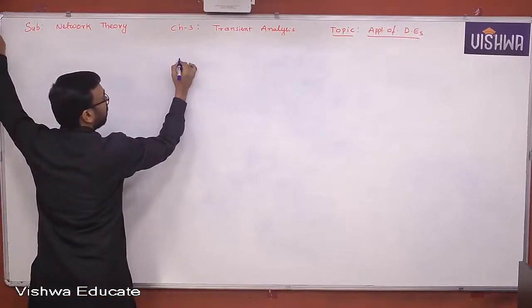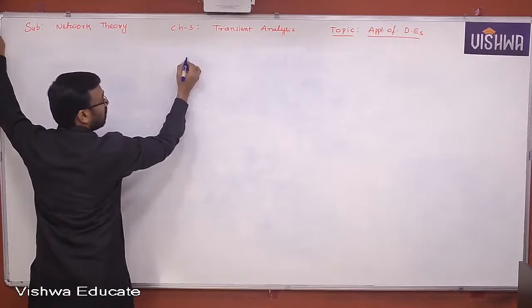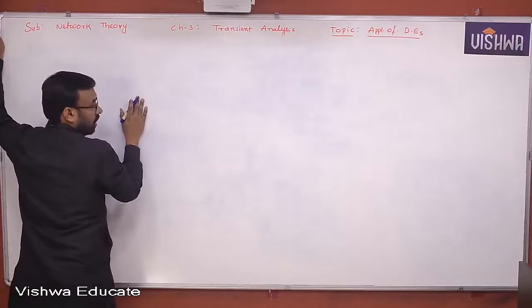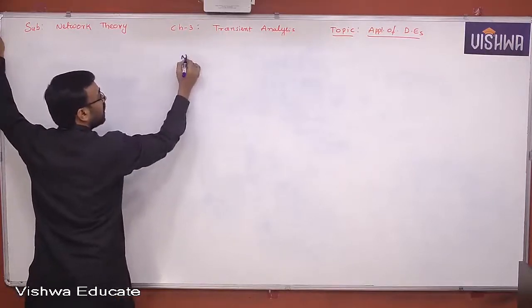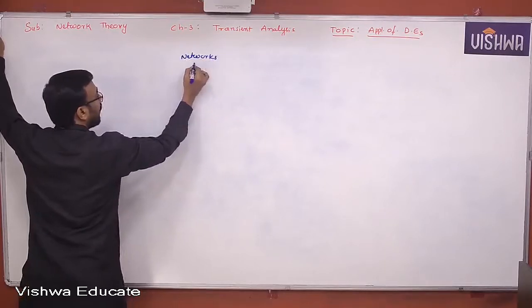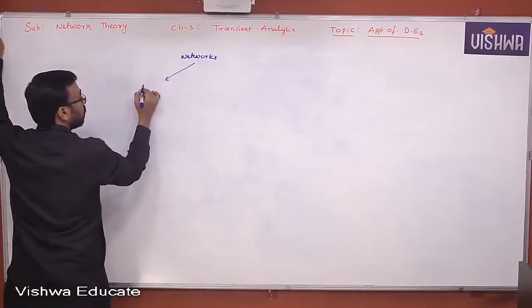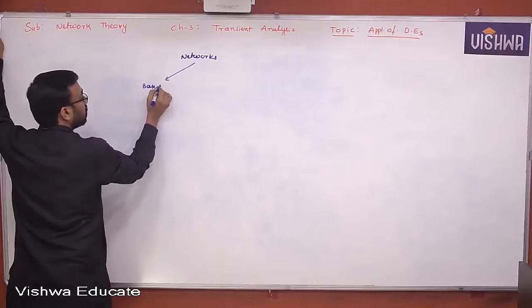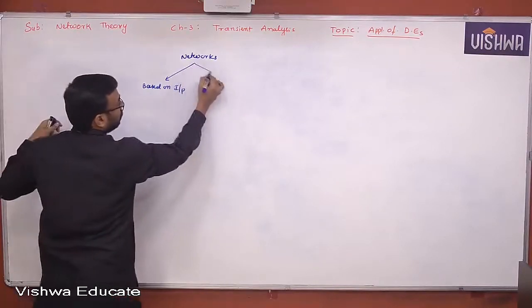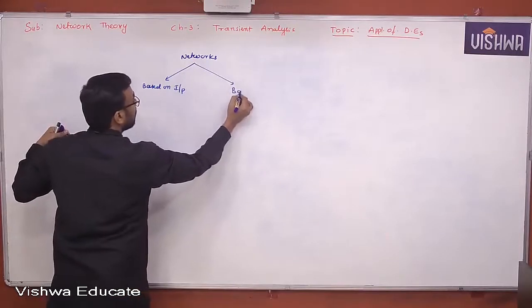The networks are of different types based on the elements and based on the inputs. Networks can be classified into two, based on input or excitation, or based on the elements.